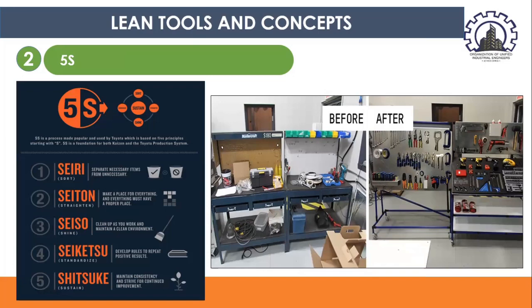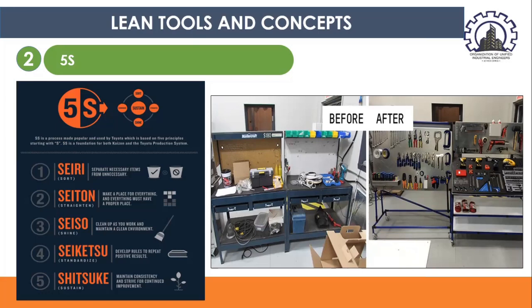If we say Seiri or sort, it means to separate necessary items from unnecessary items. Now, if we say Seiton or straighten, what we do here is to make a place for everything, and everything must have a proper place.